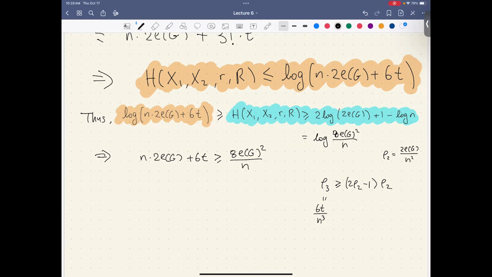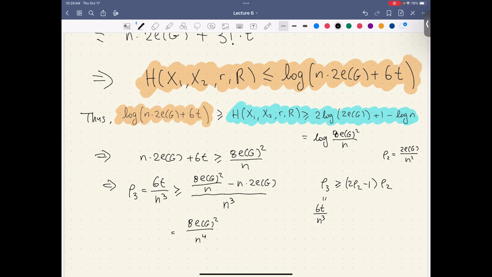So this implies 6t divided by n cubed, write it as rho 3, is at least 8e of g squared over n minus n times 2e of g divided by n cubed, equals 8e of g squared over n to the 4 minus 2e of g over n squared.